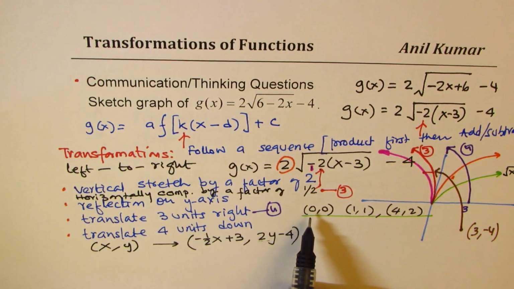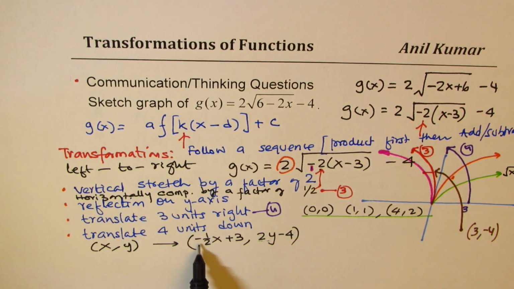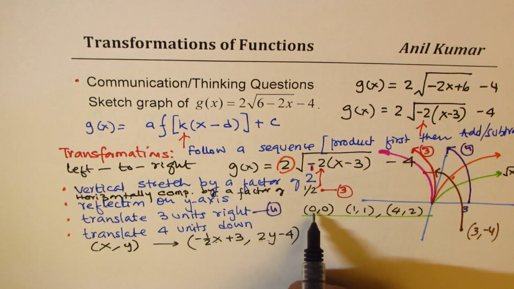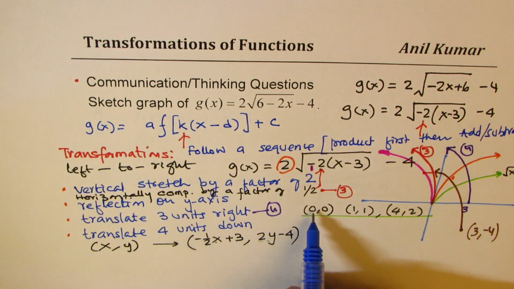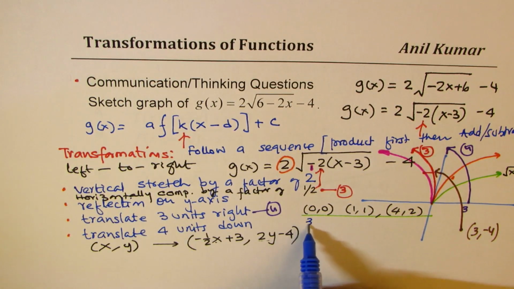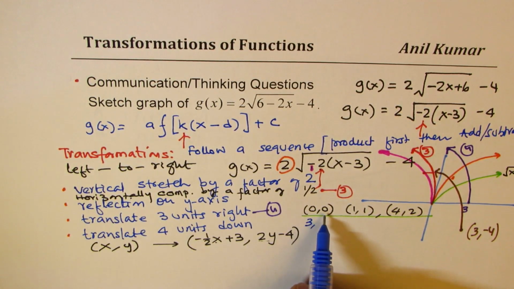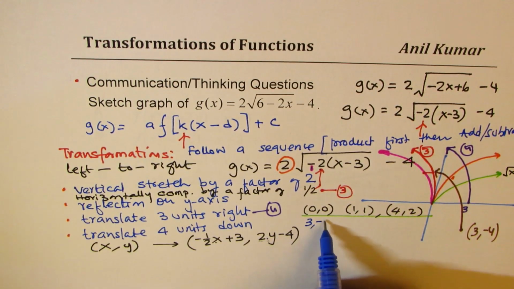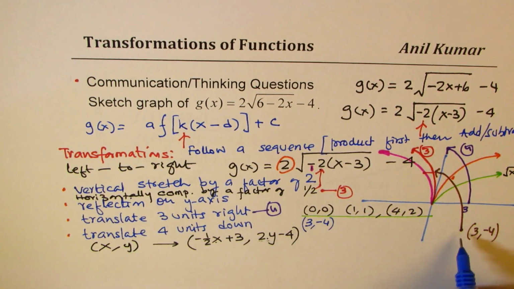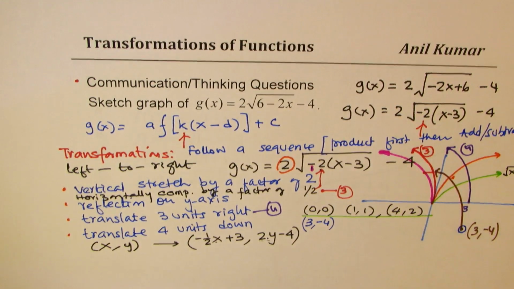Now, as far as the x values are concerned, we are doing minus half and then plus 3. So here this point becomes minus half times 0 is 0, but we get 3 here. As far as the y value is concerned, we'll multiply by 2 and then do minus 4. So we get minus 4, correct? Which is this point. Do you see that?